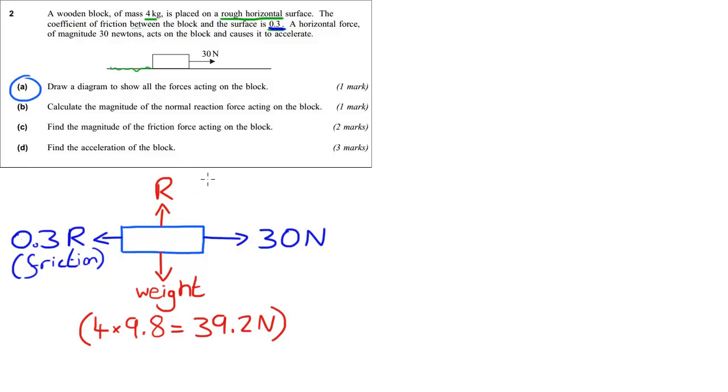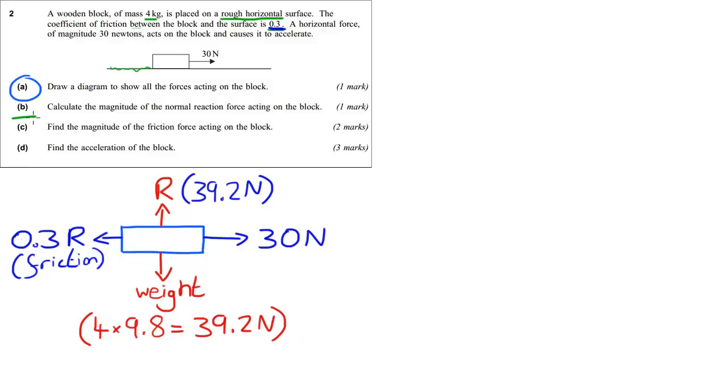So the contact force there is going to be exactly the same as our weight there, 39.2 newtons. And this R is the same R that you use to calculate the friction, which we'll do later on. But basically these two have to be equal to each other, otherwise it's going to accelerate in one direction or another, either up or down.